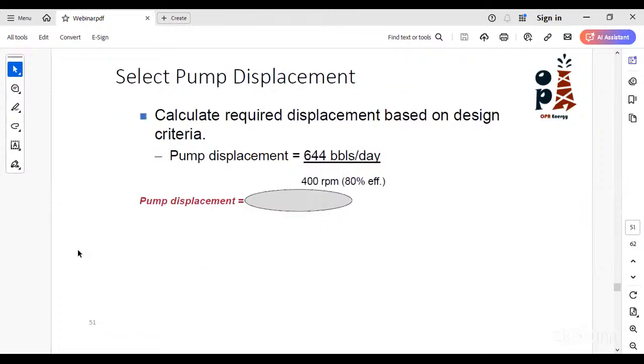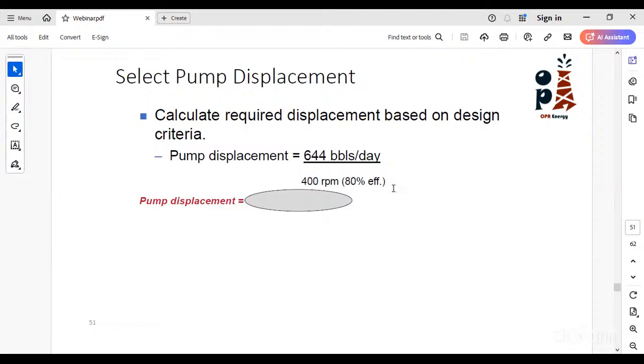So let's calculate it. Divide 644 by 400 RPM. That is the operating, or target, or desired RPM that you require to work on. And multiply in the denominator by the 80% efficiency of the pump. This number also was given in the given data.